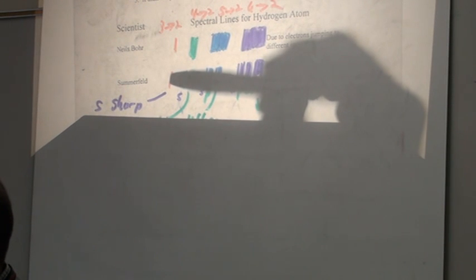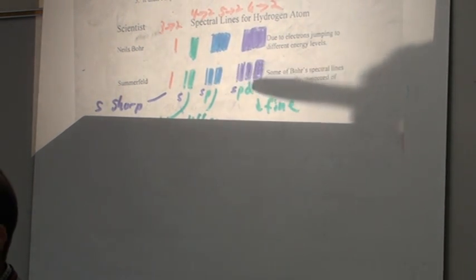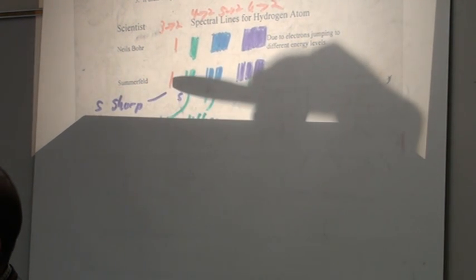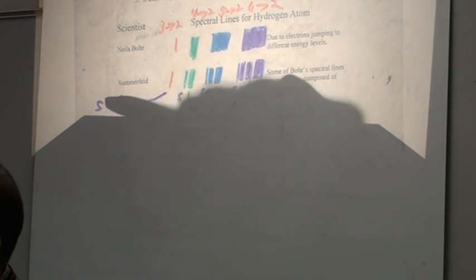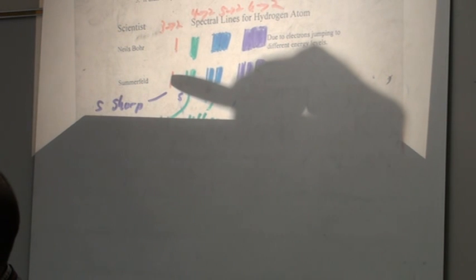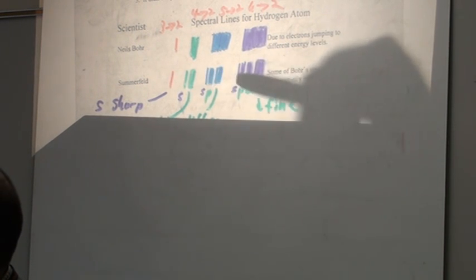There's always a very thin line to start it off. They call that line the sharp line, abbreviated S. So the first line in the sequence is always the S line.